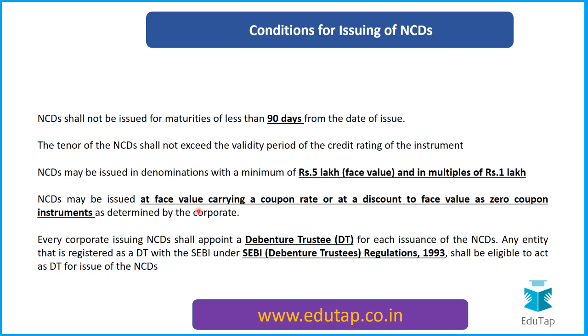NCDs might be issued at a discount like commercial paper, or they can be issued at face value carrying a coupon rate, where they would not be issued at a discount but at face value with a certain coupon rate attached. And any company that wants to issue NCDs shall appoint a debenture trustee, who should be registered with SEBI as per SEBI regulations for debenture trustees.